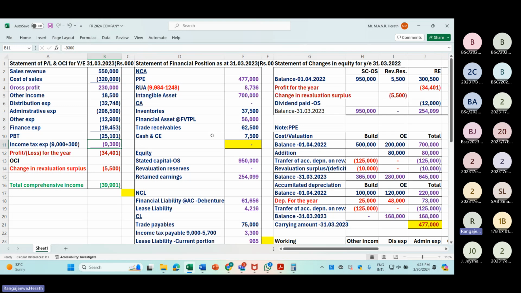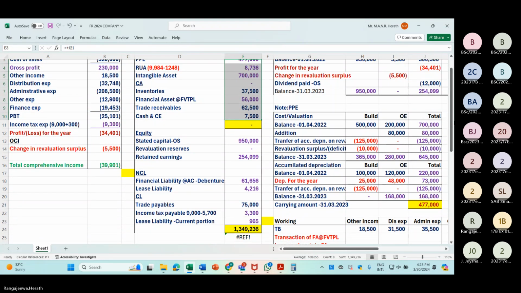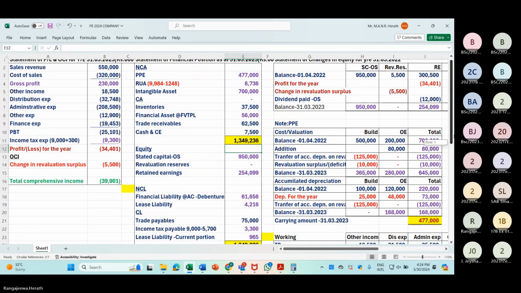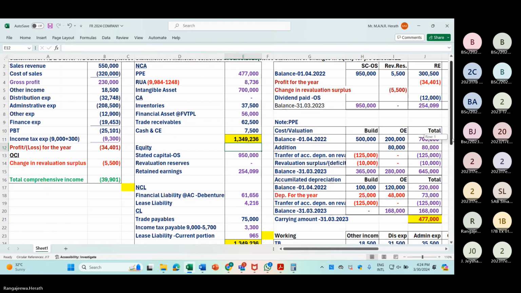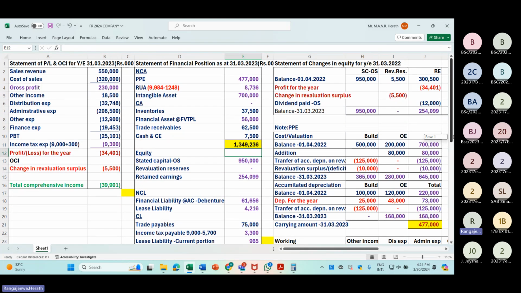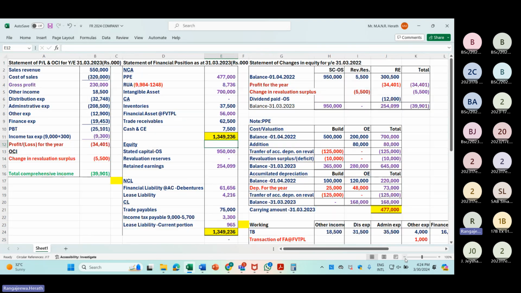You ended up with a loss. So now it tallies, for 1,349,236.